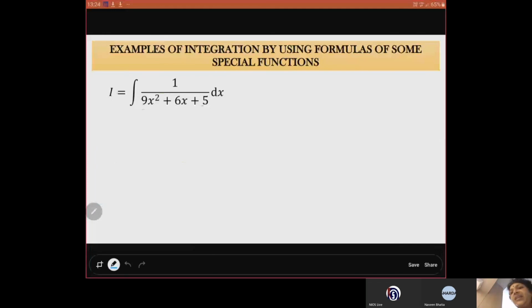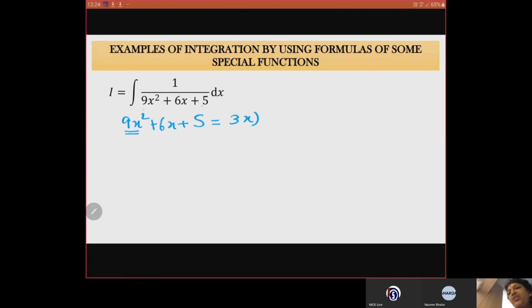So the denominator 9x square plus 6x plus 5, we factorize by completing the square. That is, 9x square we can write as 3x whole square, plus I have to write it in the form of a plus b whole square. So a square has come, the second term is 2 into a, which I now know is 3x.